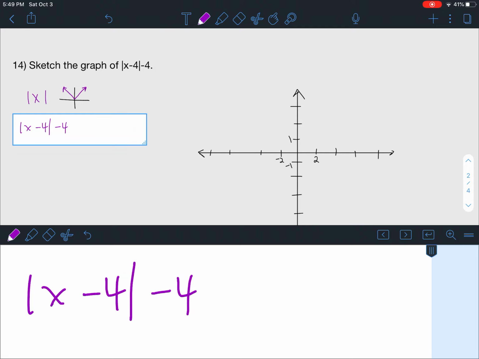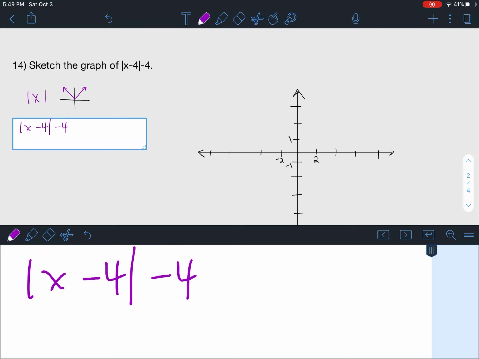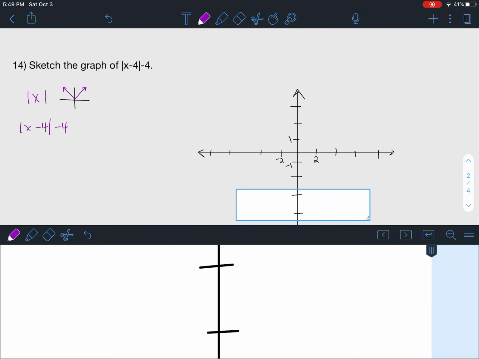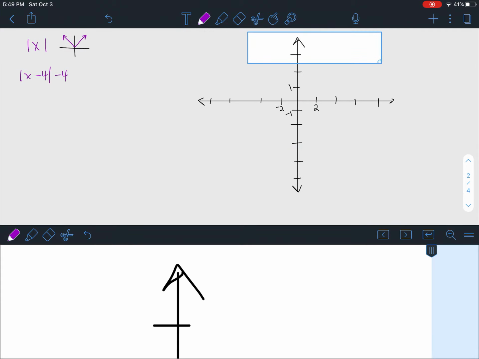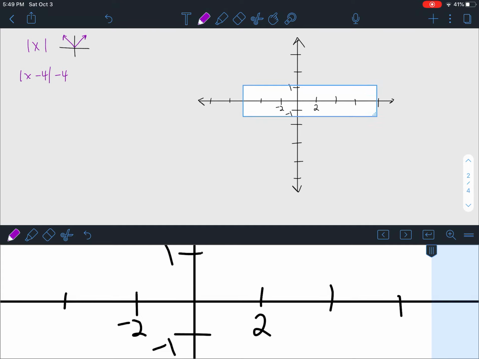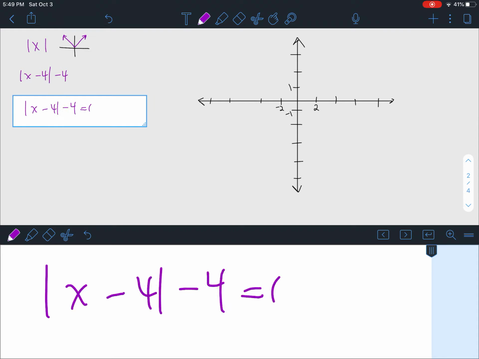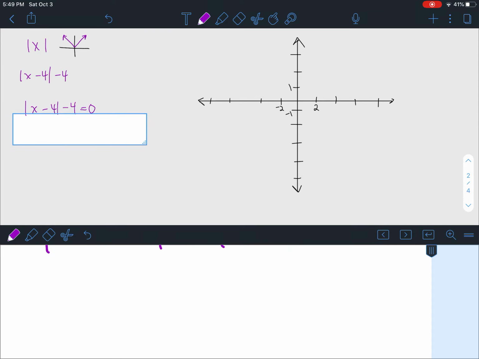So from translation rules, we know that this is the same graph as absolute value of x, just shifted 4 units to the right and 4 units down. So if you go over here to the axis, well, I guess first you could solve for when it equals 0. So the absolute value of x minus 4, minus 4 equals 0. Add 4 to both sides, you're left with the absolute value of x minus 4 equals 4.